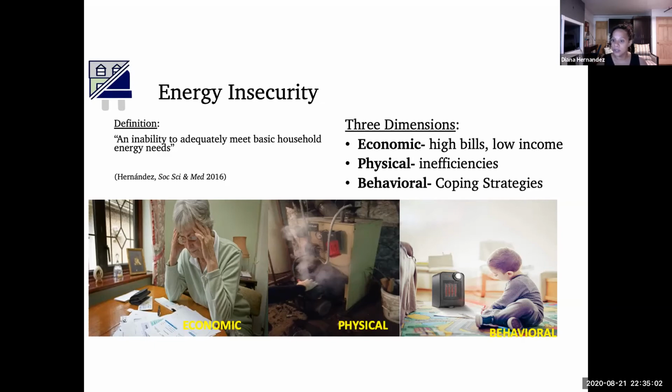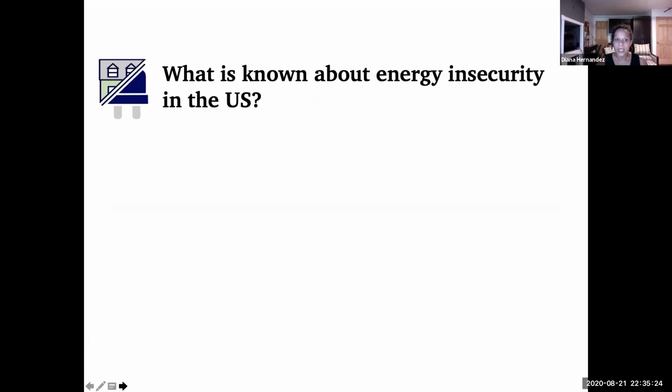There's the physical dimension that has to do with the reliability and the efficiency of the energy infrastructure in a home. So your heating and cooling systems are an example. Whether or not there have been electrical upgrades, for instance. And then also behavioral. So what are the coping strategies that people use in order to meet their household energy needs?